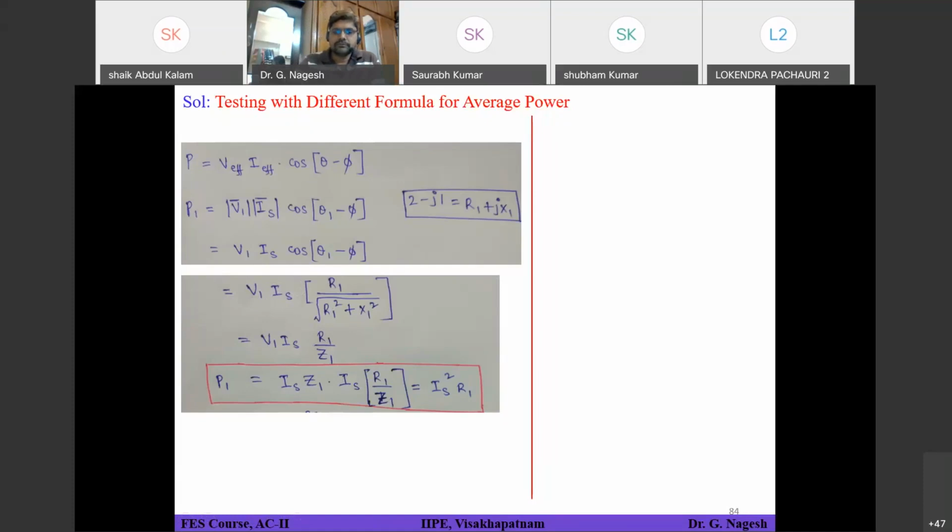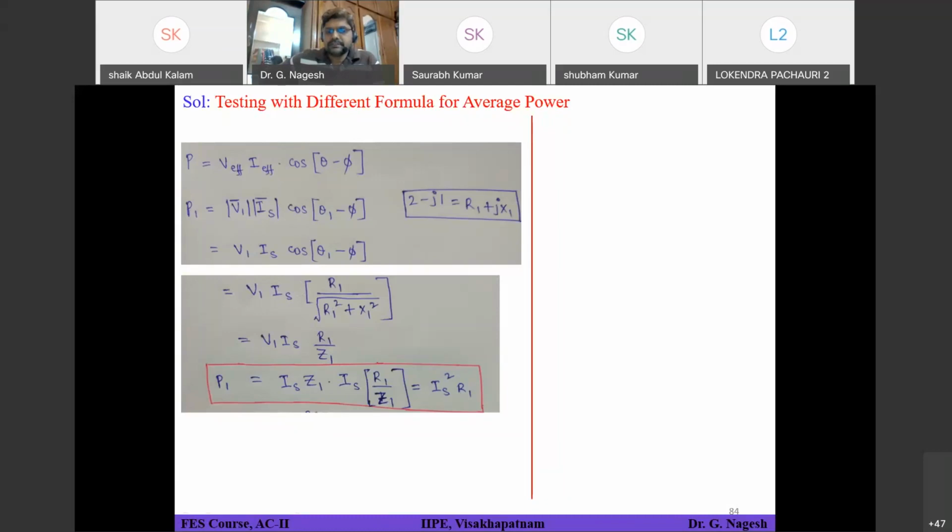For that problem, we are calculating only power P1 consumed by load 1. So we are dealing with voltage across load 1 and current flowing into load 1. Only these two you have to consider when calculating power consumed by load 1. What will be the answer for yesterday's problem, if anyone has noted?